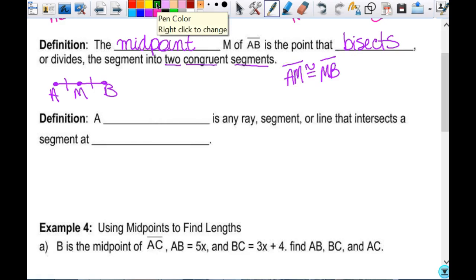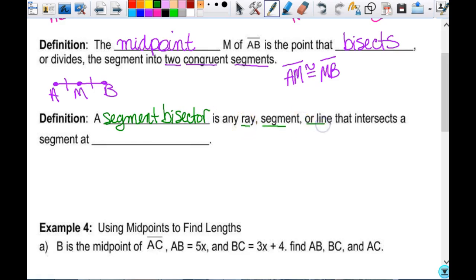Okay, so third definition is of a segment bisector. A segment bisector is any ray, segment, or line that technically doesn't bisect the segment, but if it's going to do what you think it is, bisect the segment, where do you think it's going to have to intersect the segment at?